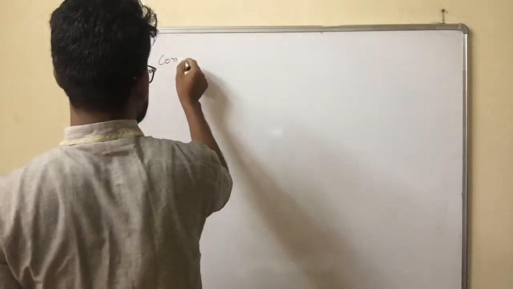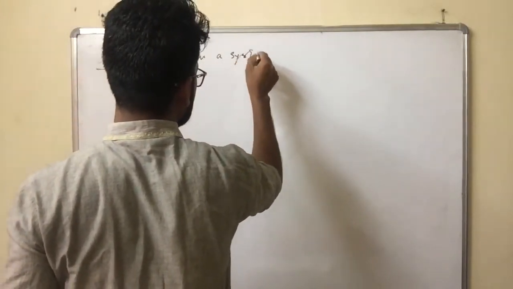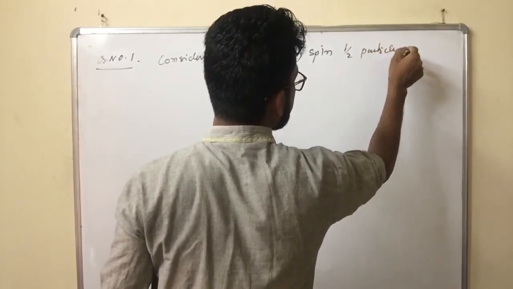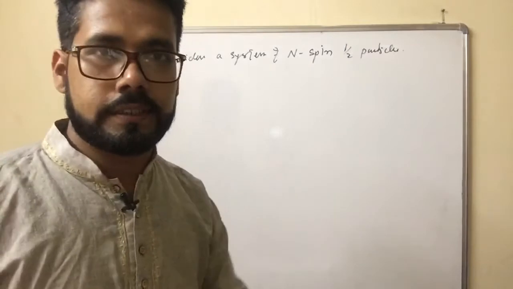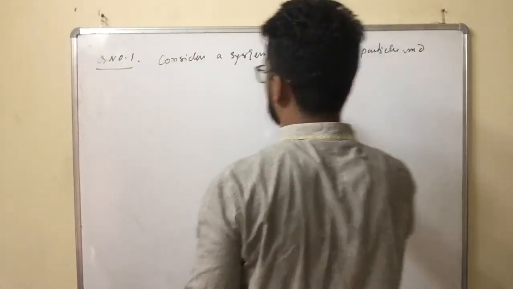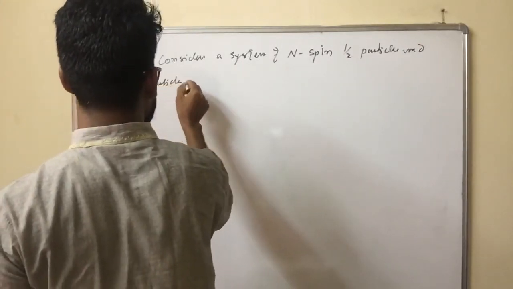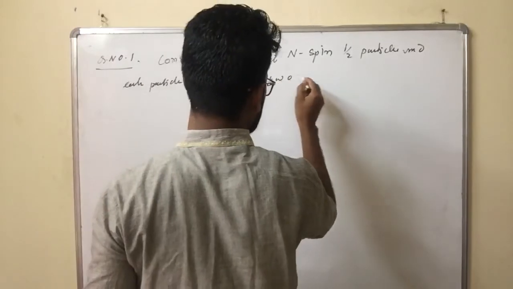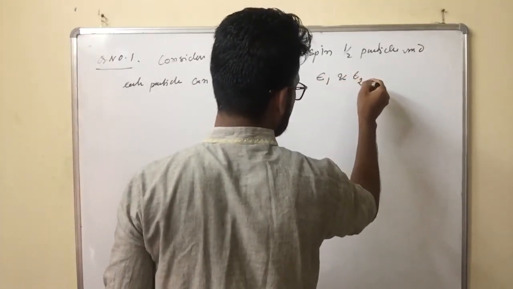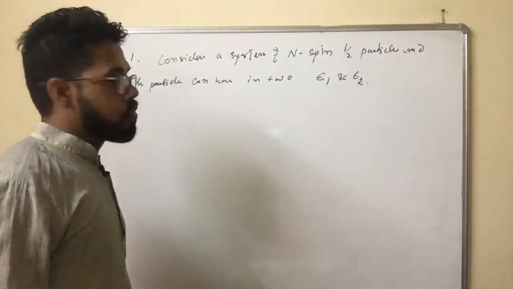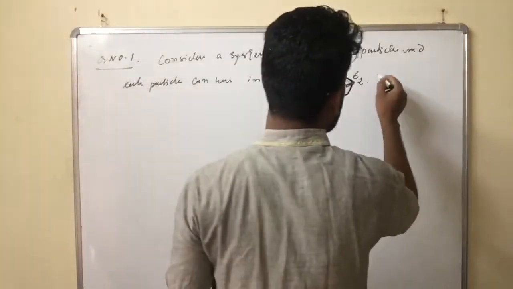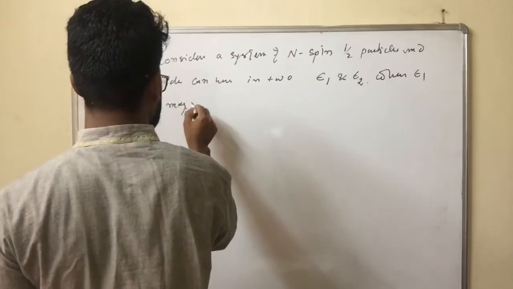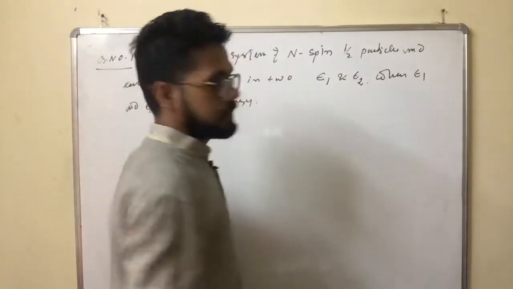Consider a system of n spin half particles, and each particle can stay in two different energy levels, E1 and E2, where E1 and E2 are magnetic energies. So try to understand.